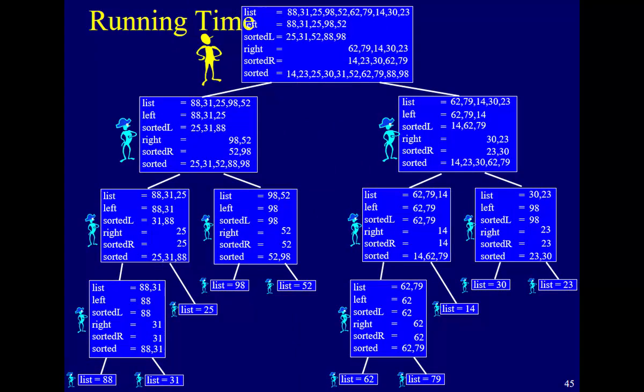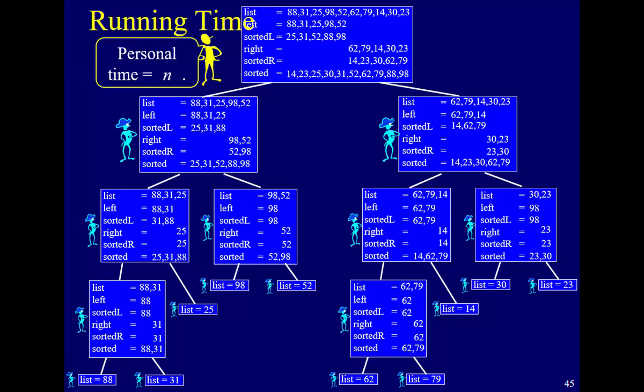So one of the advantages of this tree is we can study for each box how much time that box spends, and then we can add that up per layer, and then we add up the layers, right? So the first guy takes order n time, and let's ignore the order n because it's just some constant c times n, and that's the same c all along, and it's just going to confuse us.